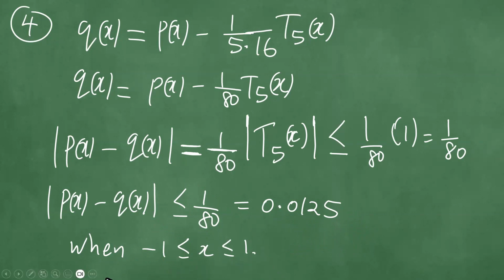So we're able to see that the modulus of P of x minus Q of x has the maximum of 1 out of 80 when x lies between minus 1 and 1.